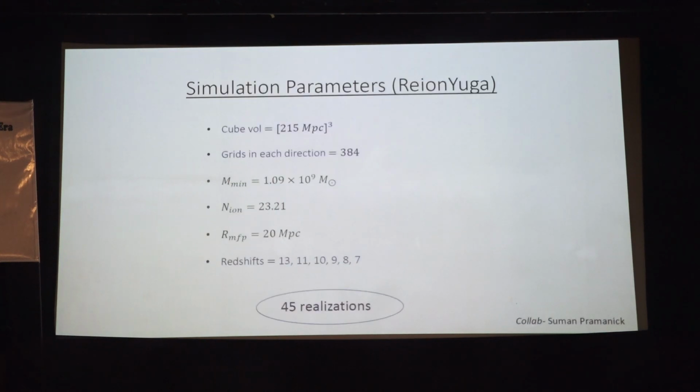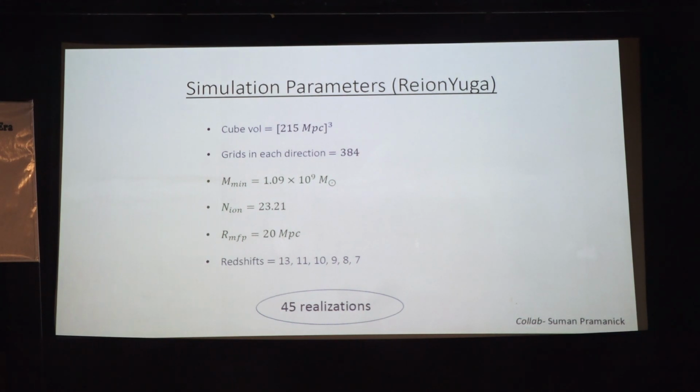We will not go into details. Now what we have done is run the simulation using ReionYuga and generated the HI field, and these are some parameters if someone is interested. This is the cube we have taken, 215 megaparsec, and the grid and the minimum halo mass.